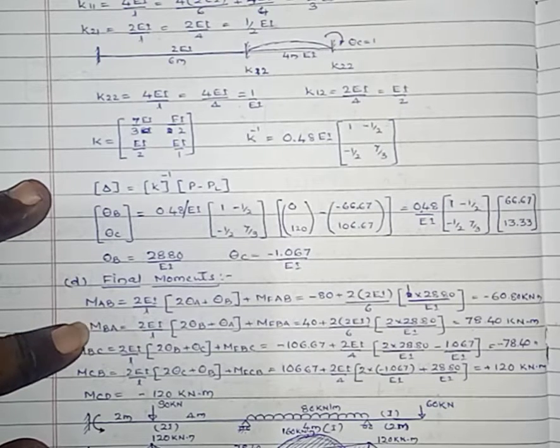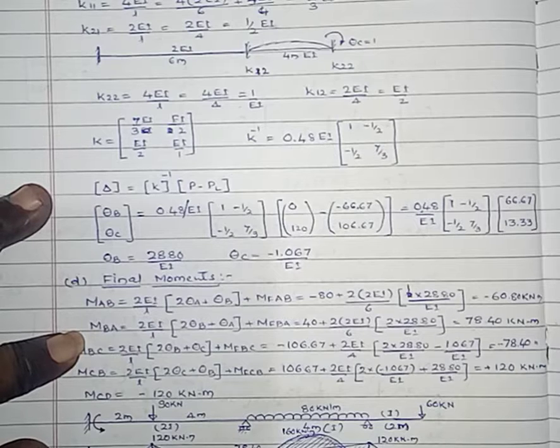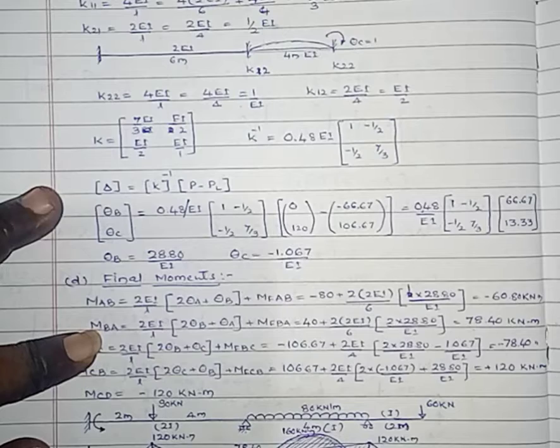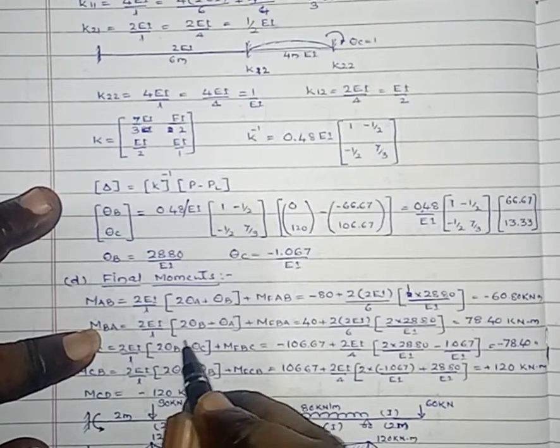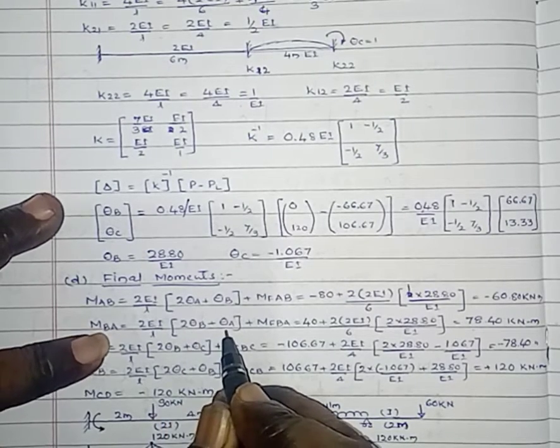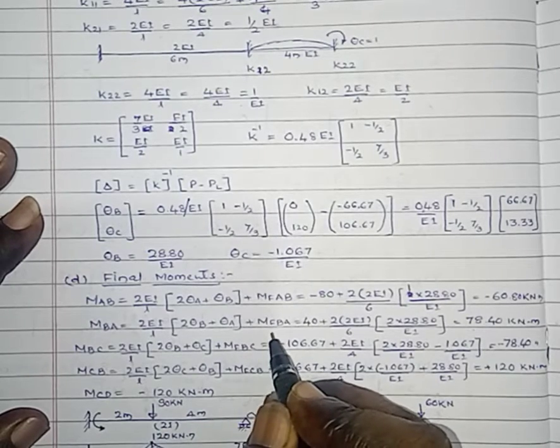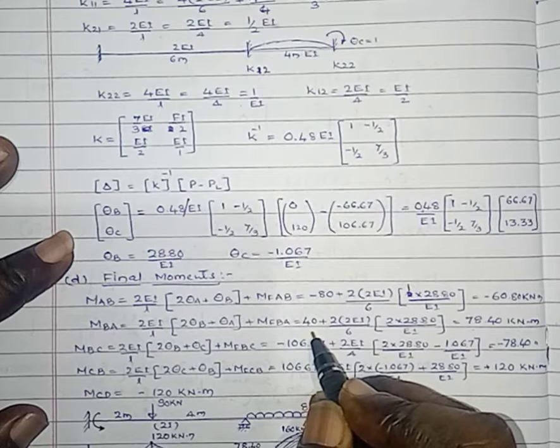Now MBA equals, again by using the slope deflection equation, 2EI by L inside of the bracket 2 times the near end plus 1 times the far end slope, plus MFBA, the fixed end moment at BA.